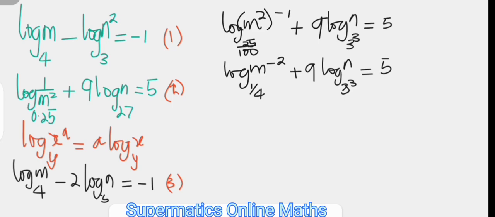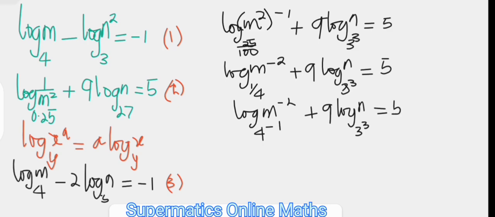This also becomes log m to the power of negative 2, then 4 raised to power minus 1 in the base, plus 9 log n to base 3 raised to power 3 equals 5.